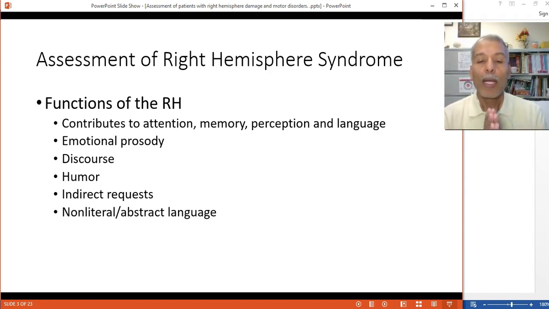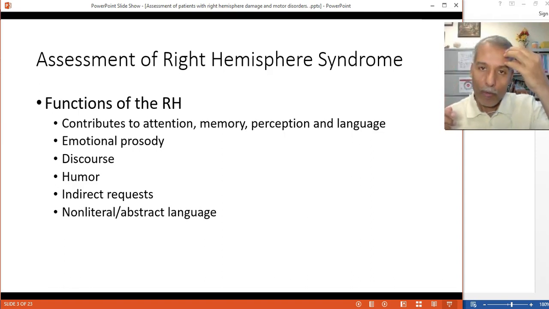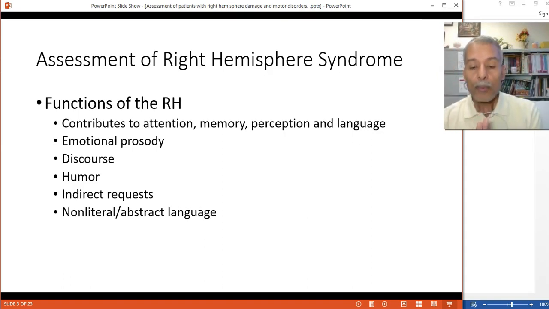So in any case, attention is an outcome of the connectivity of circuits that connect the frontal lobe of the right hemisphere with the frontal lobe of the left hemisphere with the parietal cortices, left and right.